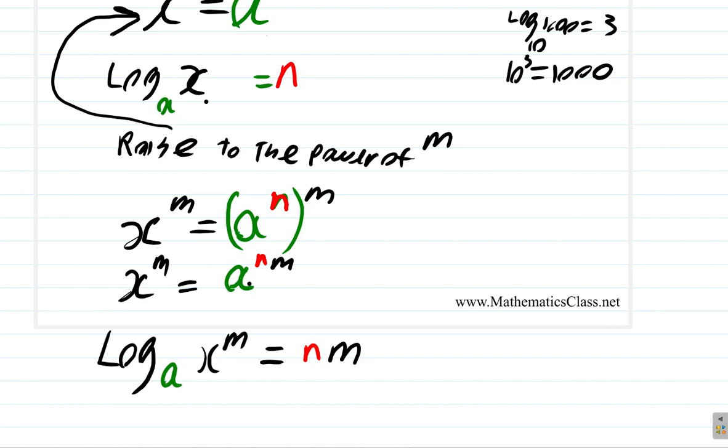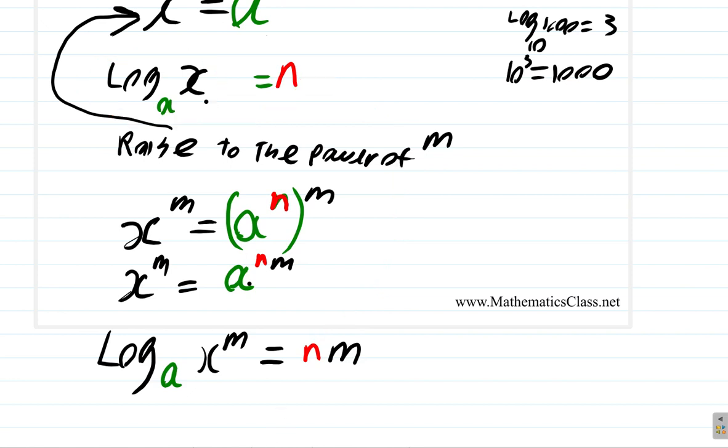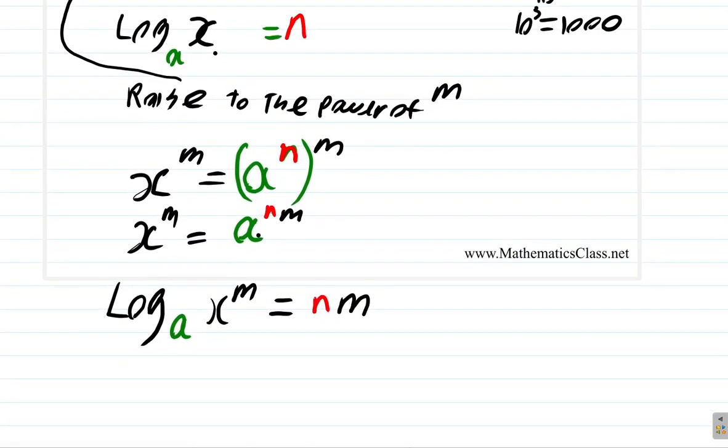What is n? n is the same thing as this. You see that? So what can we do with that? We can say the log, the base of the log is a, and we're logging x to the m, is equal to n, but instead of writing back n, we write what we have up here. All right?